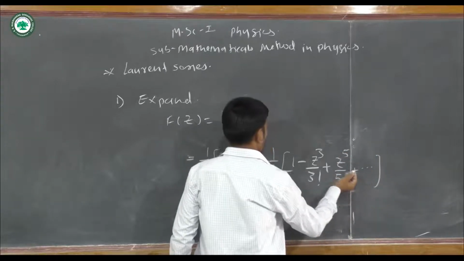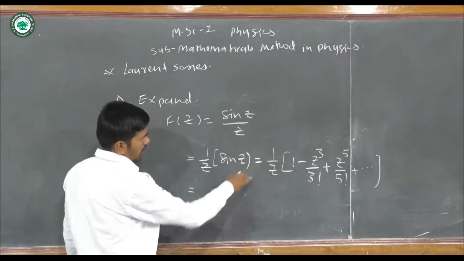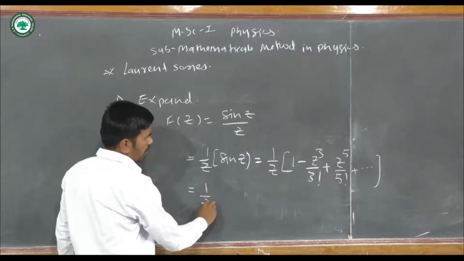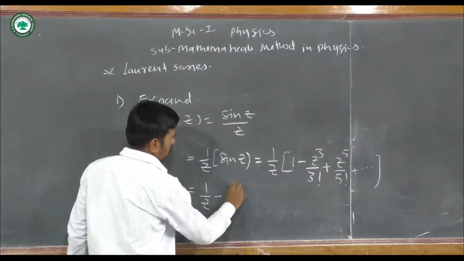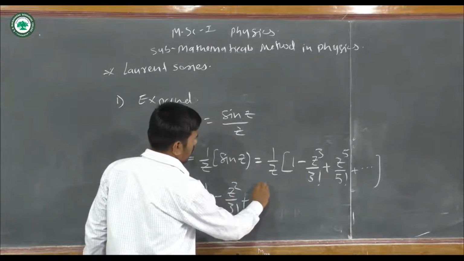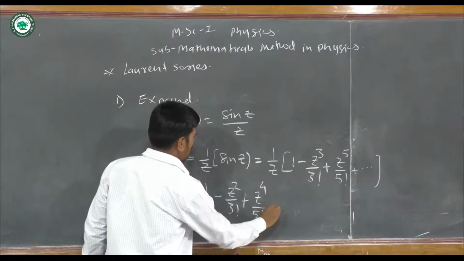If I multiply by 1 by z, it is 1 minus z square by 3 factorial plus z power 4 by 5 factorial and so on.